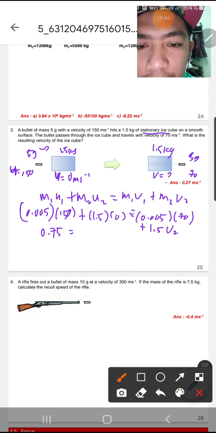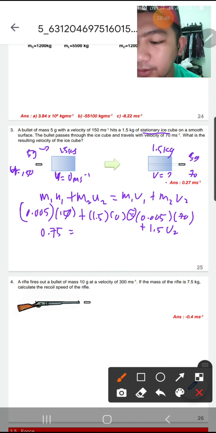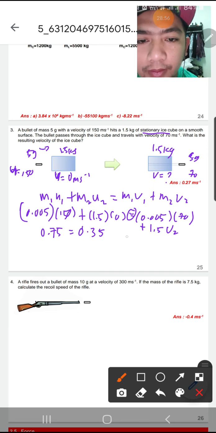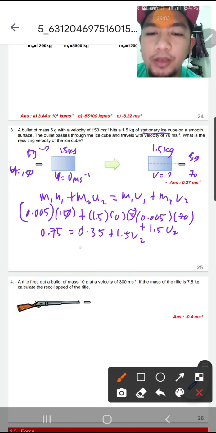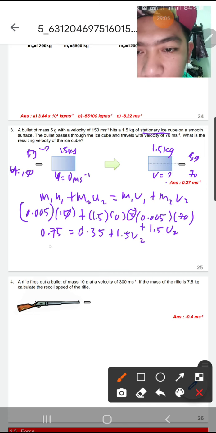So directly this one is equal to 0.005 times 70, so you will get 0.35 plus 1.5 v2. So when you manipulate this formula, you will get 0.35 you bring to the left, so you will get 0.4 equal to 1.5 v2.